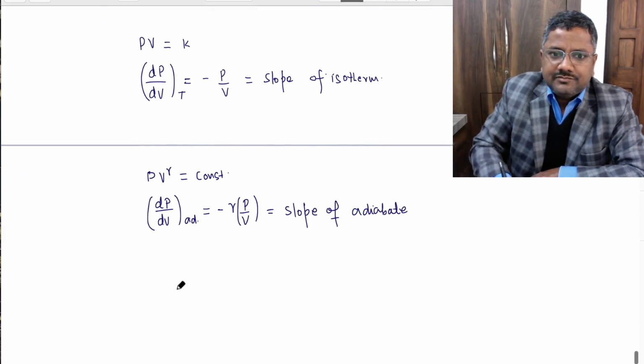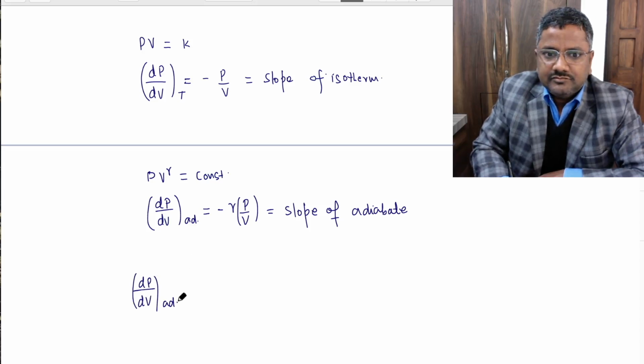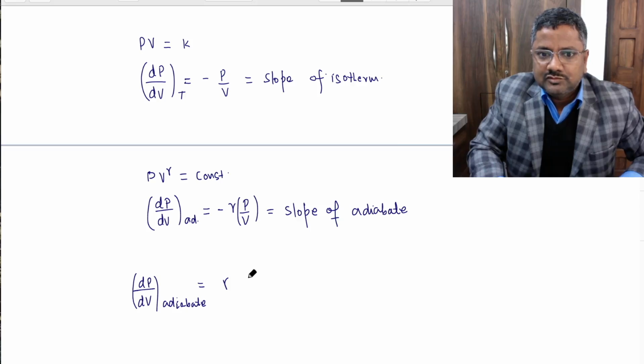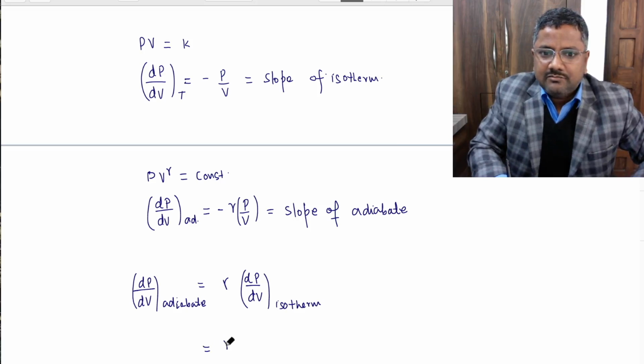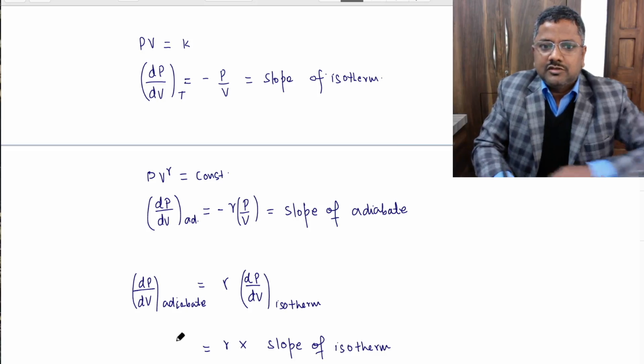So you can write dP by dV of the adiabat is equal to gamma times dP by dV of the isotherm, meaning gamma into the slope of the isotherm.